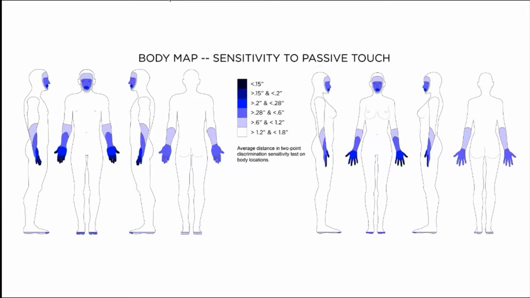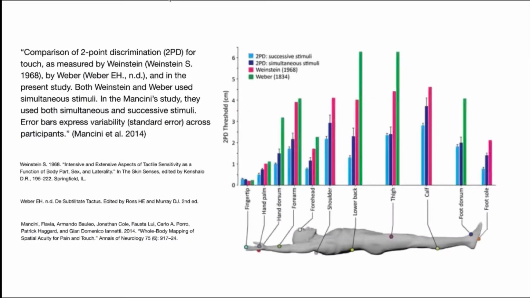Passive touch, I'm also very interested in. This is the body's ability to feel touch. Mainly what I mean by passive touch here is just noticeable difference. This is a graphic from Mancini's paper, whole body mapping, spatial acuity for pain and touch.